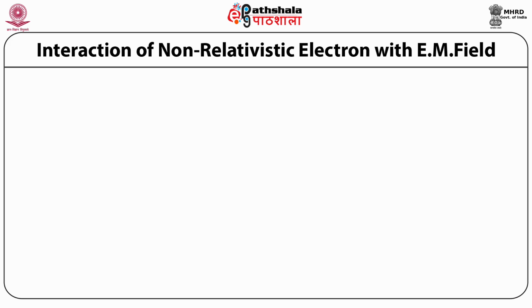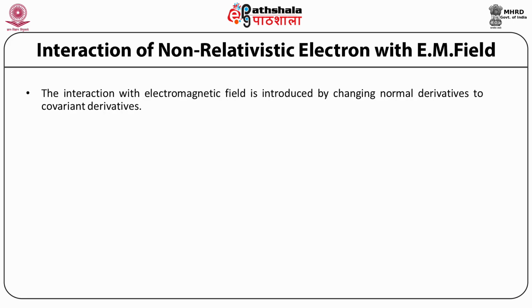Finally, we also show how the interaction of a non-relativistic electron with the electromagnetic field can be derived in a simple fashion. The interaction with the electromagnetic field is introduced by changing the normal derivative to the covariant derivative. This is why the covariant derivative is introduced and is extremely useful.